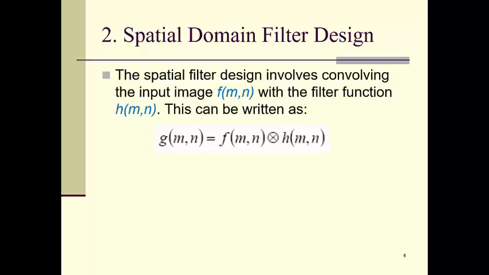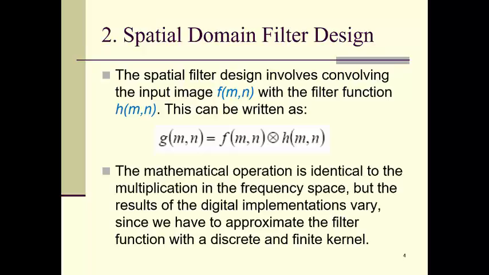Okay? So the spatial filter design involves convolving the input image F with the filter function H. Okay? And the mathematical operation, of course, is equivalent to the multiplication in the frequency space. Okay?